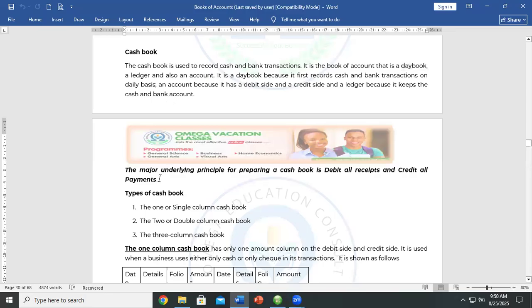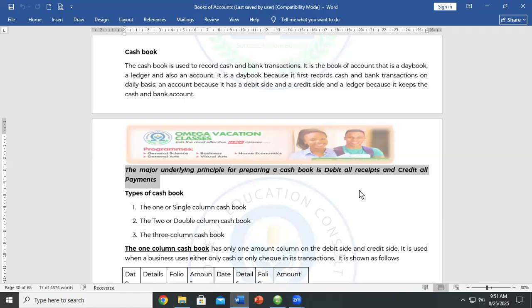Now I have written here that the major underlying principle for preparing the cash book is: debit all receipts and credit all payments. This principle is very important, so professors should note it. If you are preparing a cash book, you are looking out for two things: receipts and payments of cash or check.